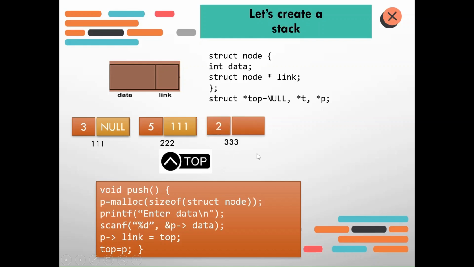Same for this node, it would be allocated at 333, right? Its link part would be pointed to top, or we can say the previous top. Previous top was 222. Now this top would point to 333 by virtue of this statement, and the process would, of course, go on.